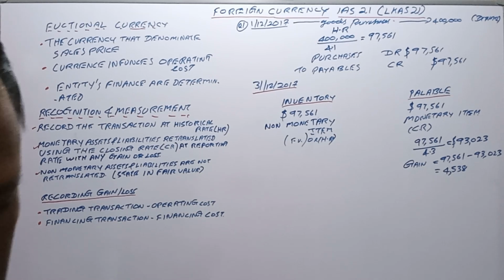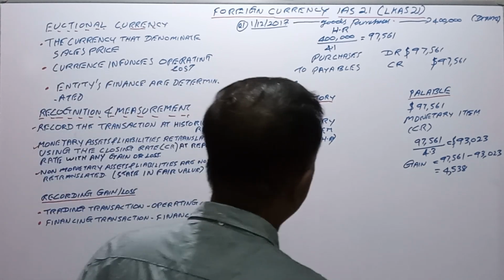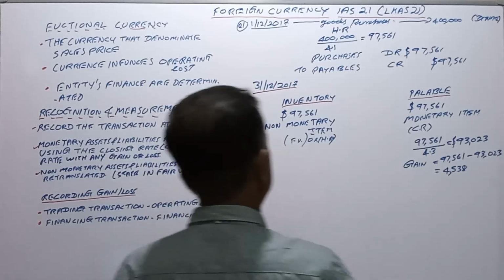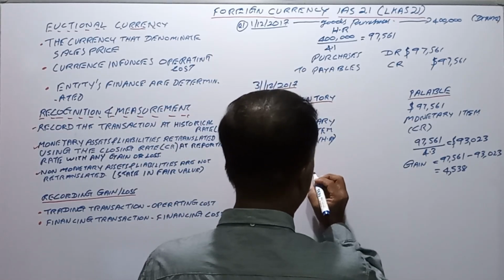So what is the double entry you have to pass? Here we have to pass the double entry.